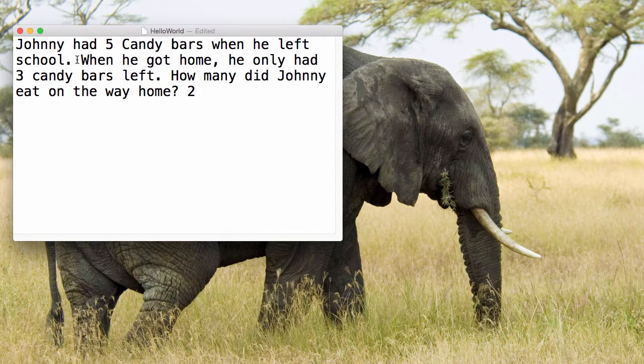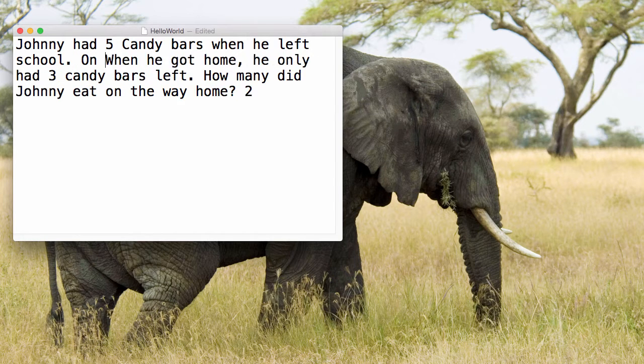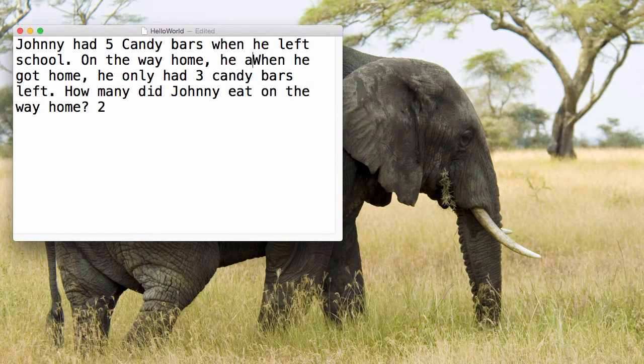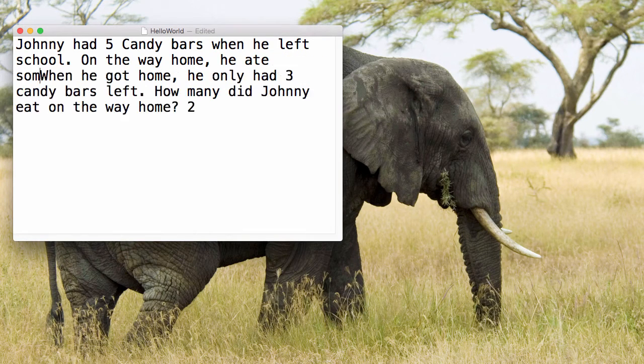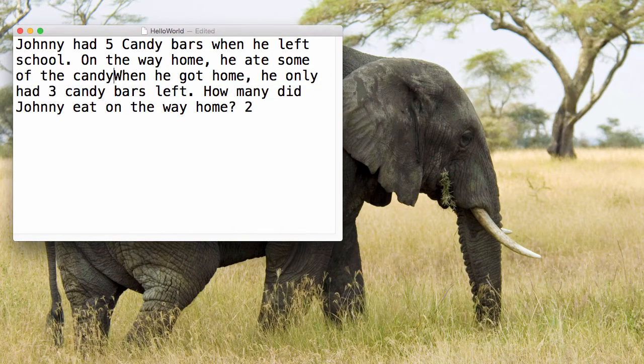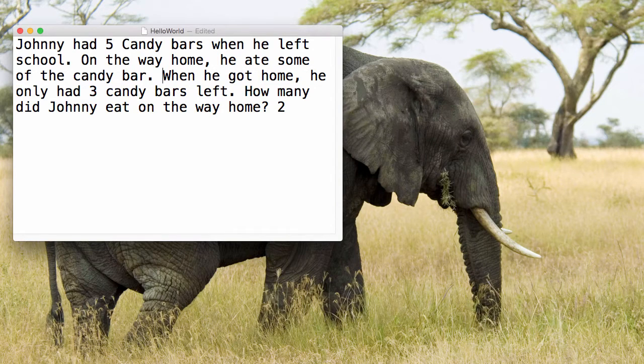Or maybe you might say, well, that's 5 minus 3. That's not really algebra. But maybe instead, on the way home, he ate some of the candy bars. So that way we're introducing that variable there, right? When he got home, he only had 3 candy bars left. How many did Johnny eat on the way home?